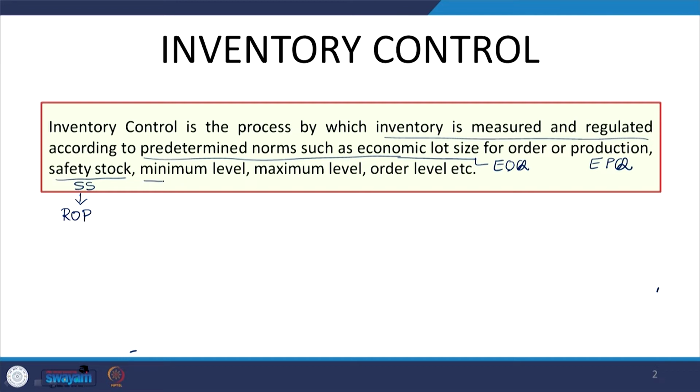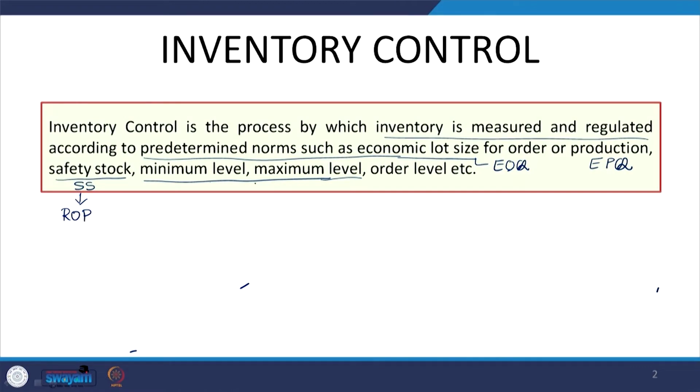Then in our continuous demand cases, when we were discussing the single period model, we discussed the minimum level of demand and the maximum level of demand, whether it is a continuous case or a discrete case, with the help of numerical examples also.